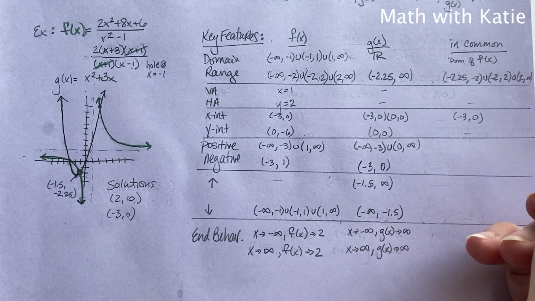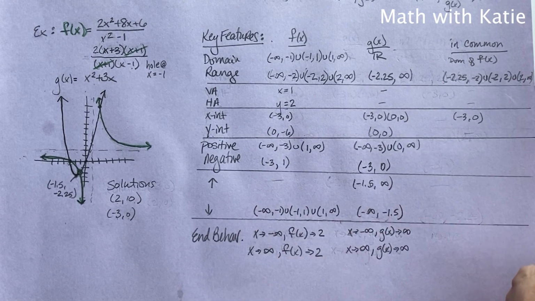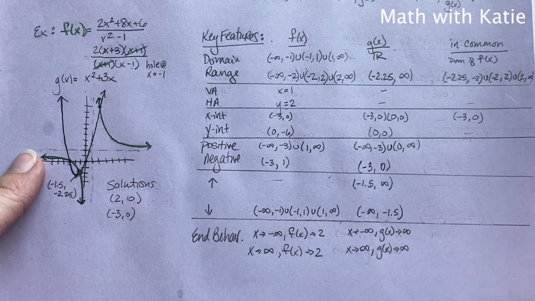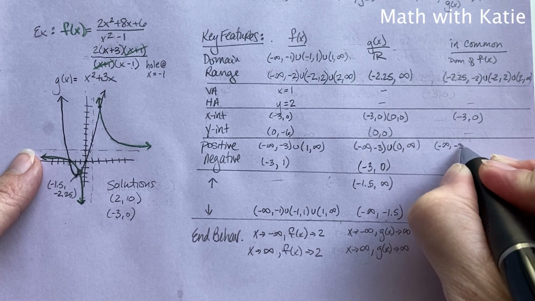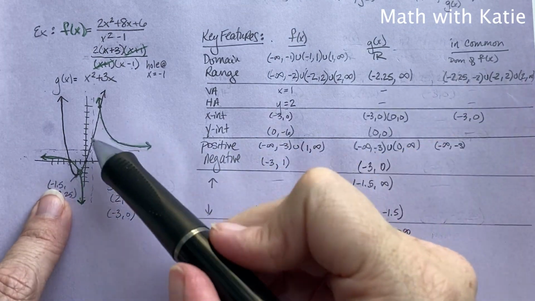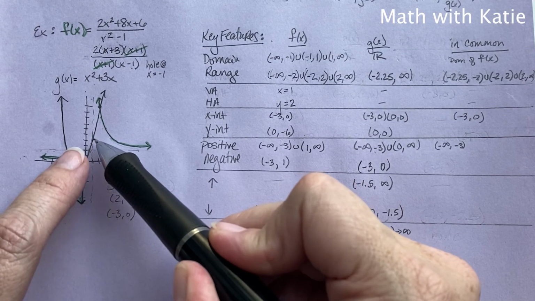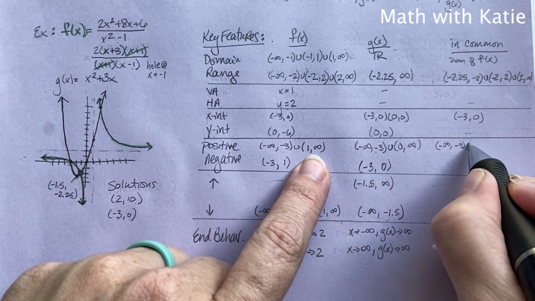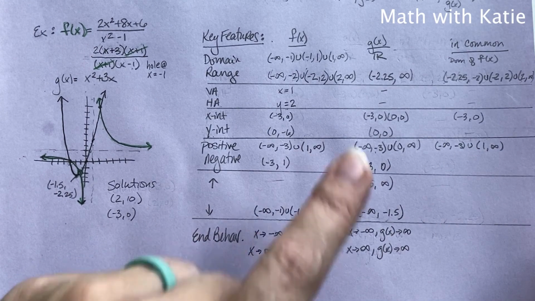Not here. And let's see, they are both positive at different points. So definitely they're both positive from here to the left, so negative infinity to negative 3, and we can check that here, right? And then they're actually both positive from the vertical asymptote to the right, so if we look here, yes, union 1 to positive infinity.